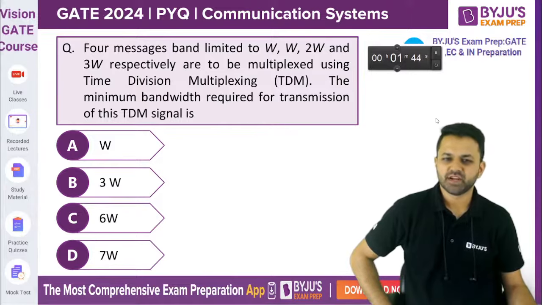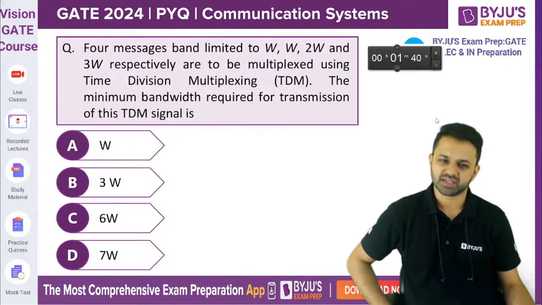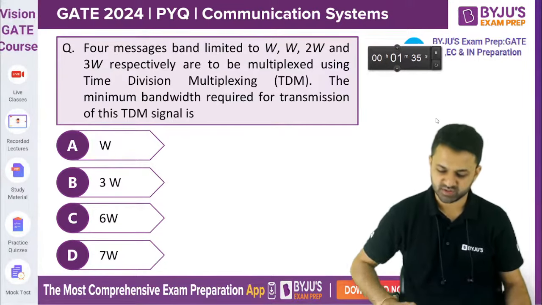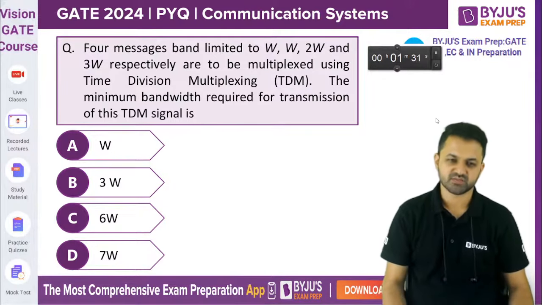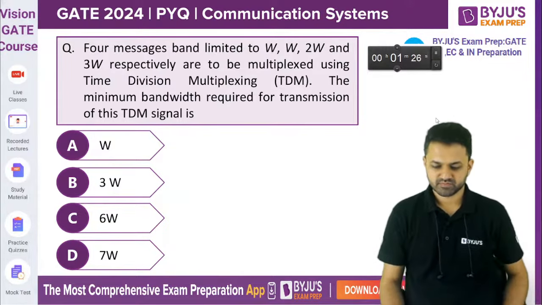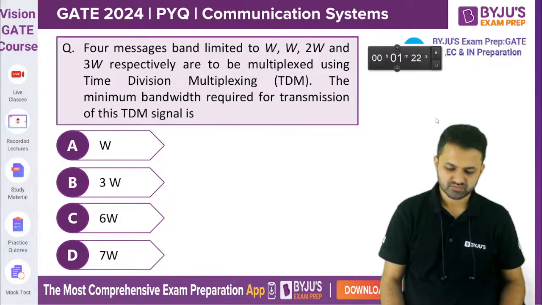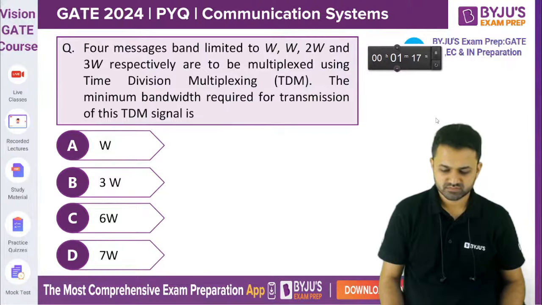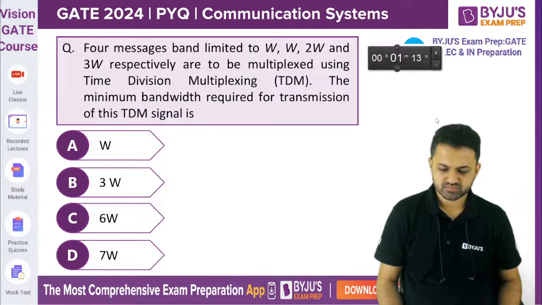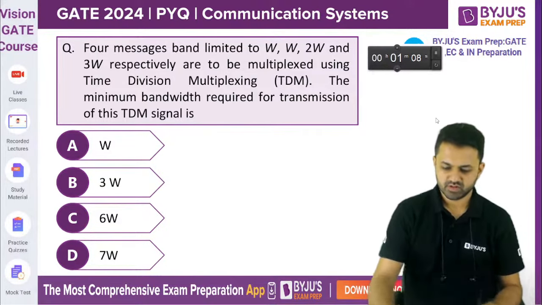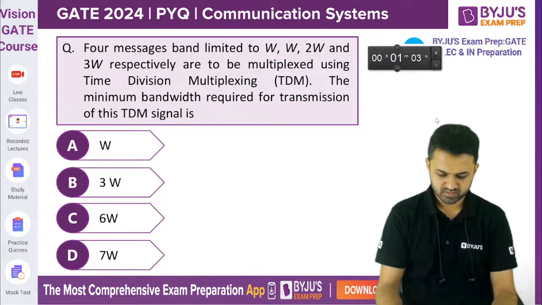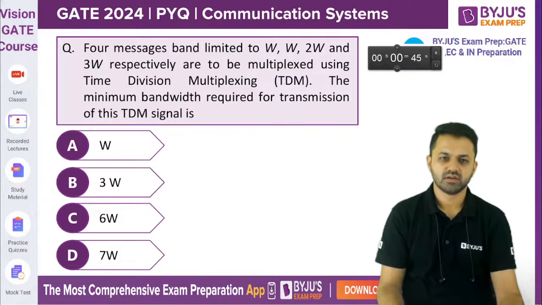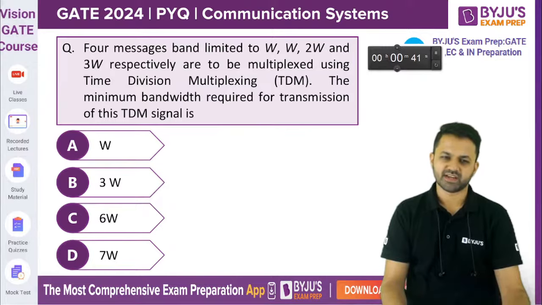Four messages band limited to W, W, 2W, and 3W respectively are to be multiplexed using time division multiplexing. The minimum bandwidth required for the transmission of this TDM. You have 30 seconds more.